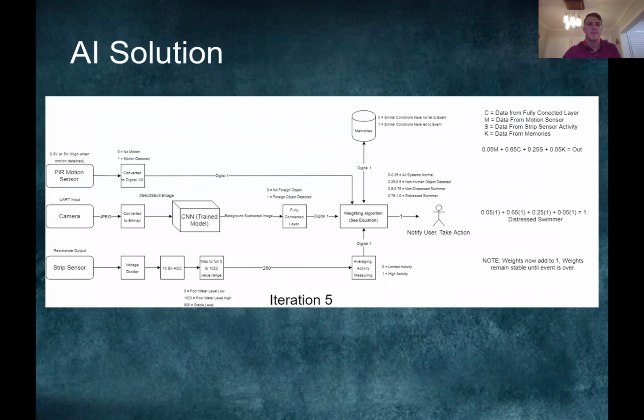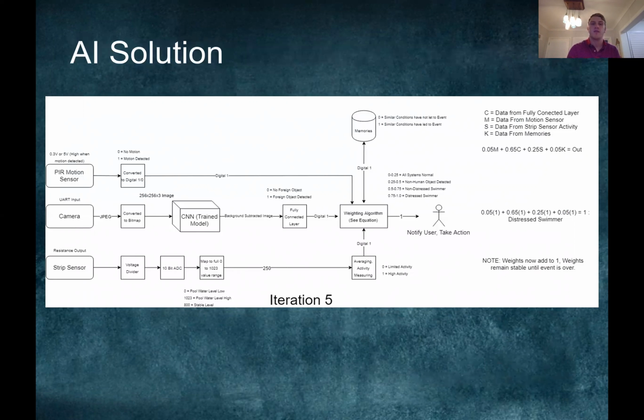The camera data provides a JPEG. It's converted into a bitmap, and that's where our AI solution, the convolutional neural network, takes that 256 by 256 by 3 image, a three-dimensional matrix. The CNN is a trained model, trained with the scene of the user's pool background.